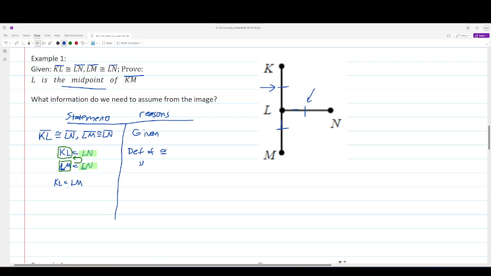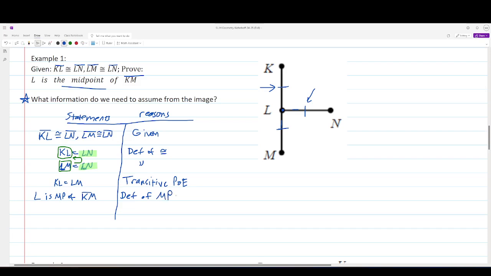Now that we know KL is equal to LM, there's hidden information. So here it says, what information are we assuming from the image? And remember that we can assume L is in between K and M. I didn't write a reason here. The reason for the previous step was the transitive property of equality. So since we can assume that L is between K and M, and KL is equal to LM, then we can conclude that L is the midpoint of KM, and the reason is the definition of midpoint.